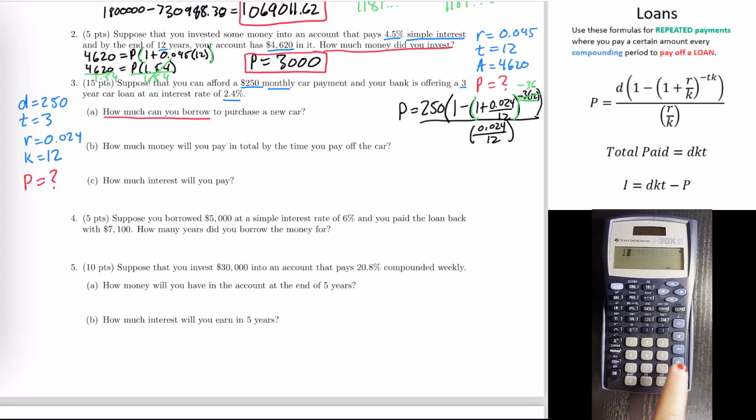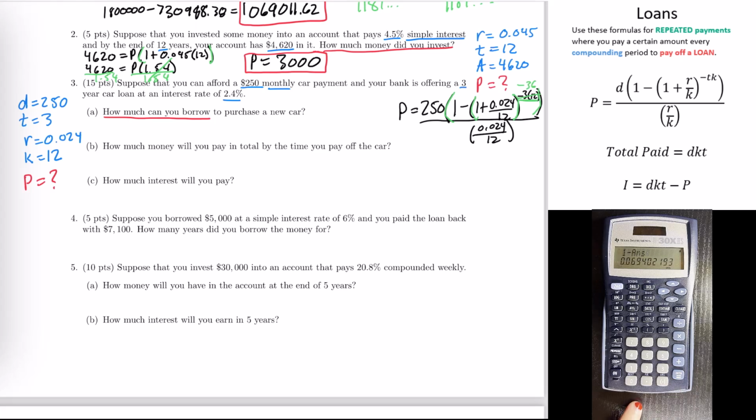And then to finish that set of parentheses, I need to do 1 plus my result. That gives me that. Then to do my next set of parentheses, I need to simplify the subtraction and the exponent. And the exponent is going to come first because of order of operations. So I take this number I just got and raise it to an exponent of -36. And then that result needs to be subtracted from 1. So I'm going to do 1 minus my answer. And that gives me this decimal.